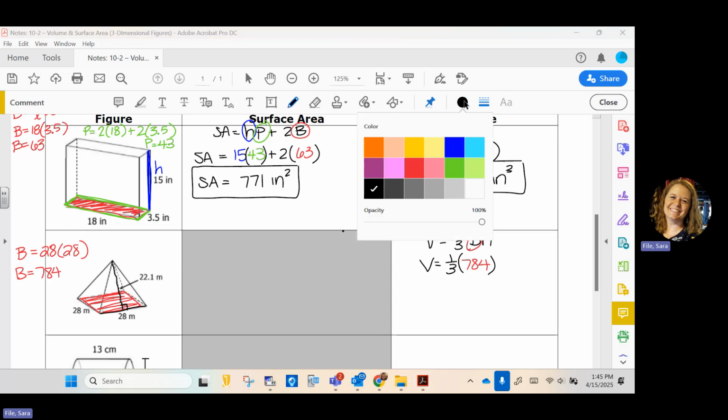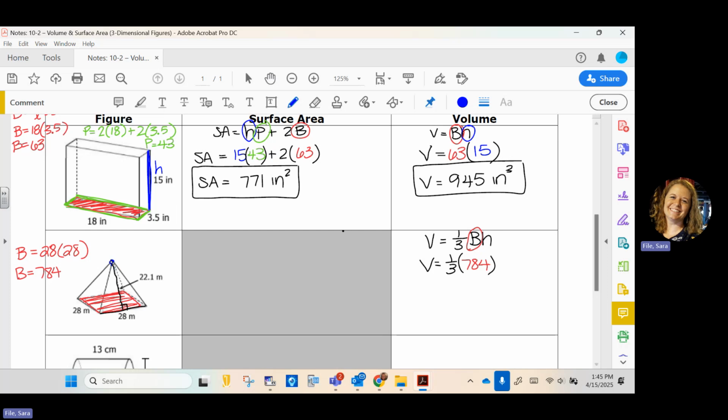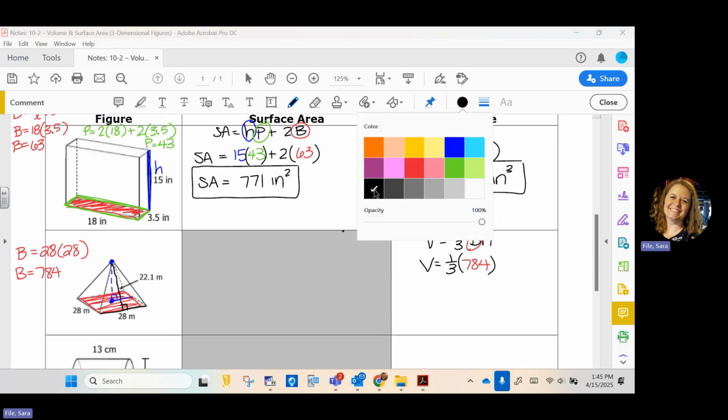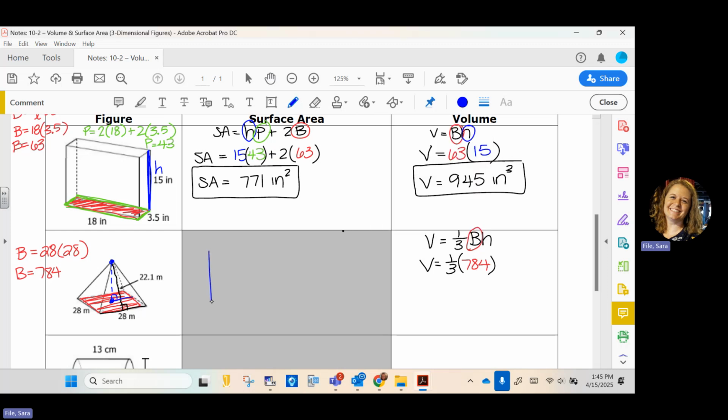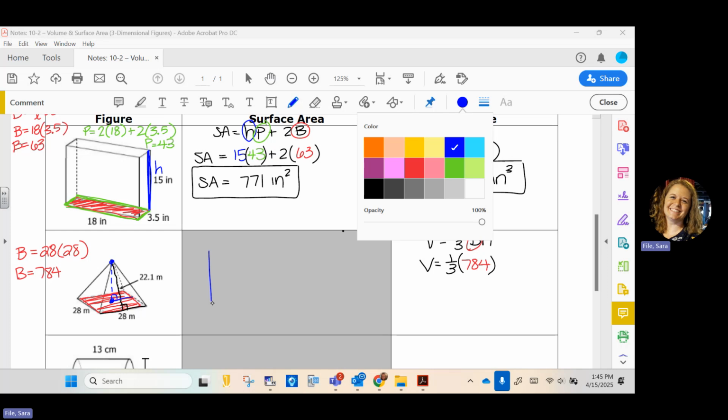The height would be drawn from the top straight down to the middle of that square. Because then it would form a 90-degree angle with this base, which the 22.1 does not. So I'm going to draw this out to the side here. The height would come straight down to the base.